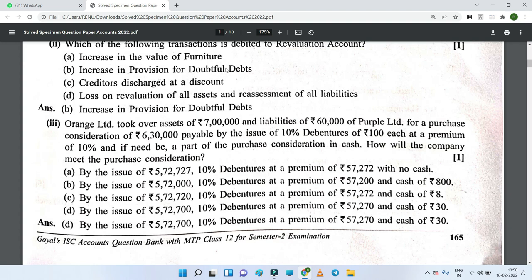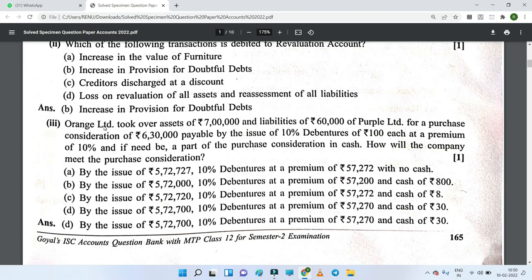So this should be debited to revaluation account, because furniture, which is an asset, has increased, so it should be credited. Again, creditors discharged at discount, so this is a decrease in creditors' value and should be credited, and the loss should also be credited. So only one item is left which should be debited, the provision for doubtful debts, which is a liability and which is increasing. So the correct option will be B.